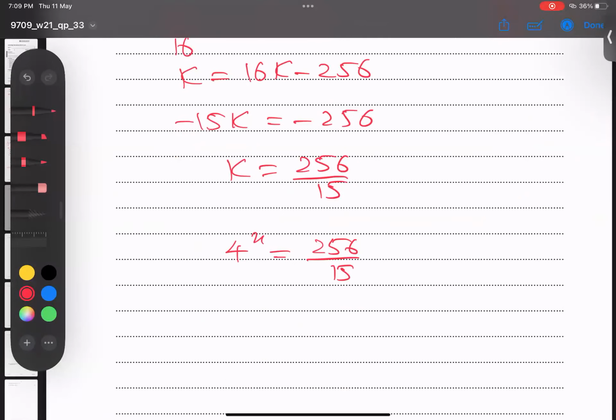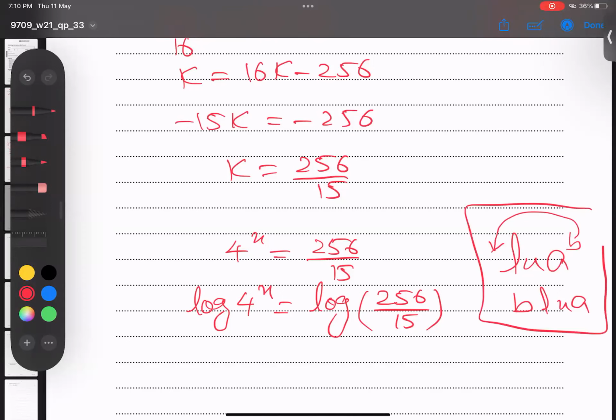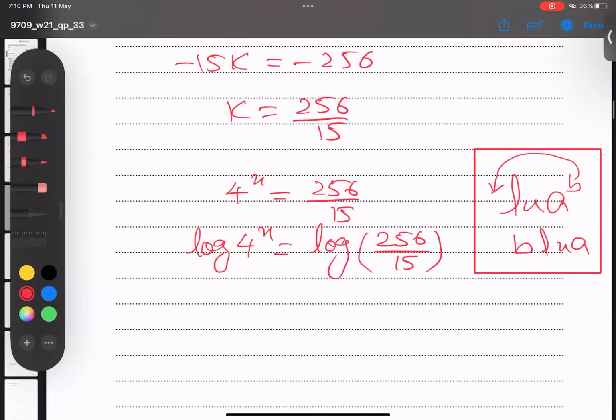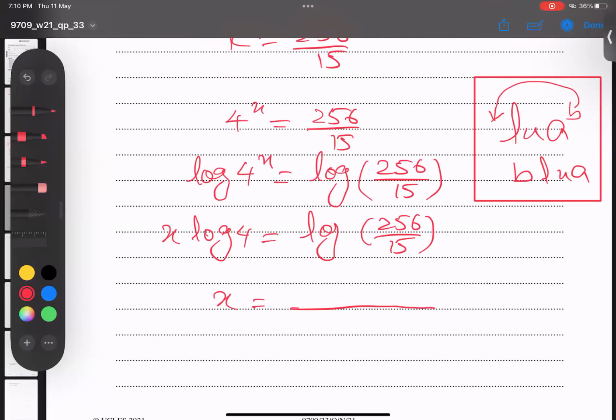So this property I am using here. So x comes down, log of 4 equals log of 256 over 15. This will divide under it, and that's it. And this is our answer going to come.